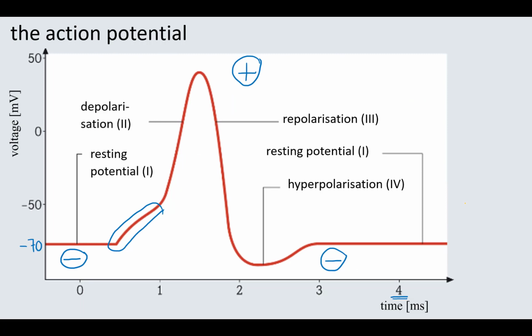Now, something important happens when we reach the first trigger point, as we call it, and you can see it here. There's a break in the graph, so this is at minus 50. If you reach this trigger point, this first trigger point, at minus 50 millivolts, this could be called the point of no return.